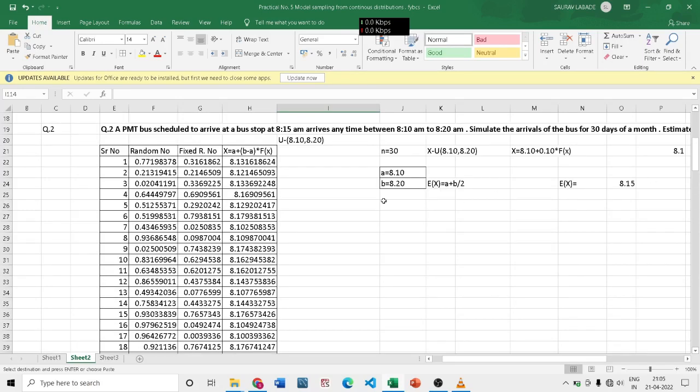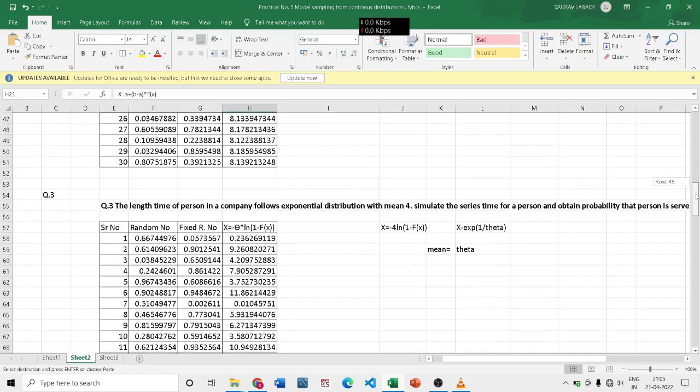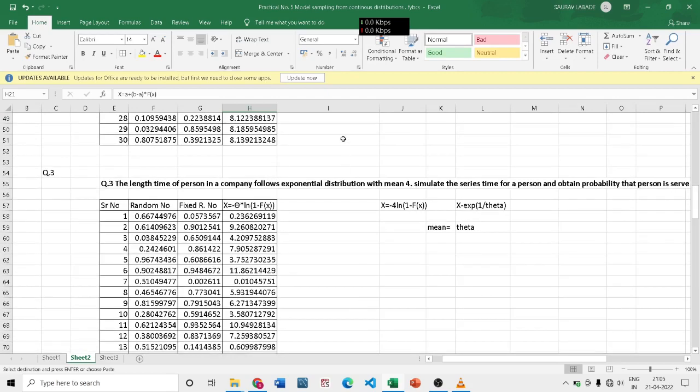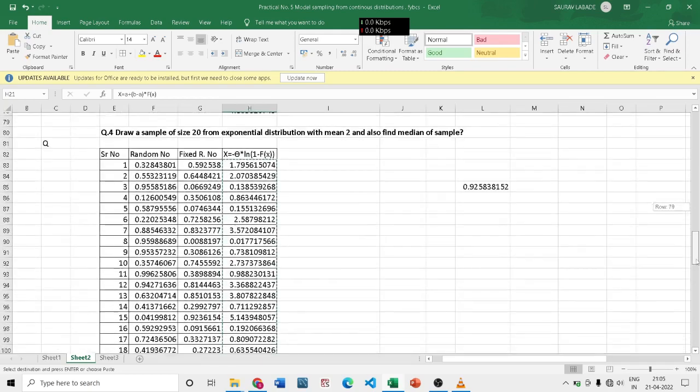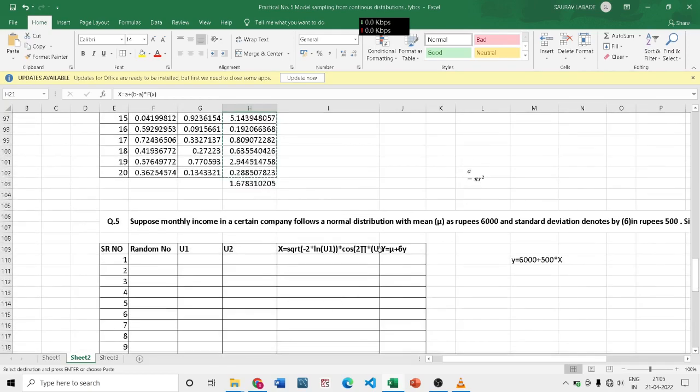Here we denote this as capital F of x, and we use this capital F of x, which means we are using the distribution function in the exponential distribution and in the uniform distribution. But here we are not using the distribution function in the normal distribution. There may be some reasons for that.